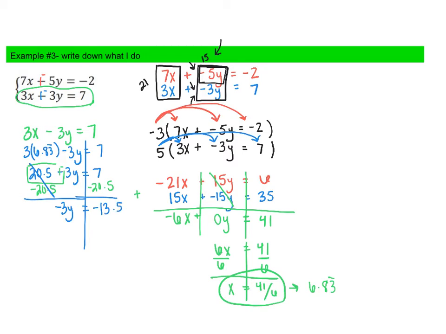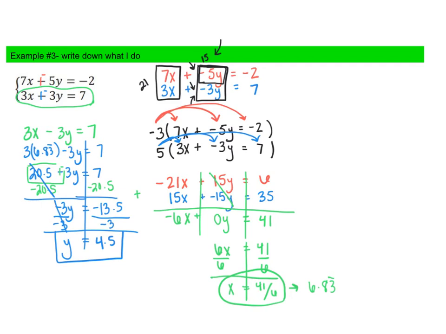I'm going to divide both sides by negative 3. And I get y equals negative 13.5 divided by negative 3 is 4.5. So this is my y.